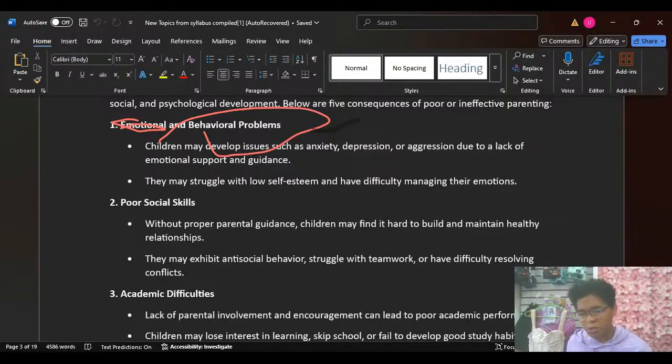If you have good parents, most likely your child will be good. And if parenting is bad, it will cause a drastic breakdown in a child's social skills, academic skills, and even emotional skills. So it's important. These are some of the consequences of poor parenting.